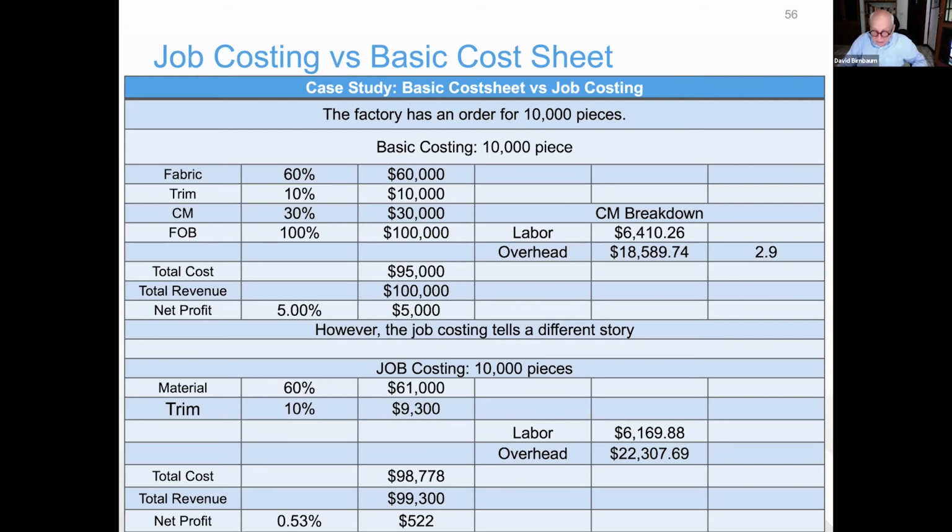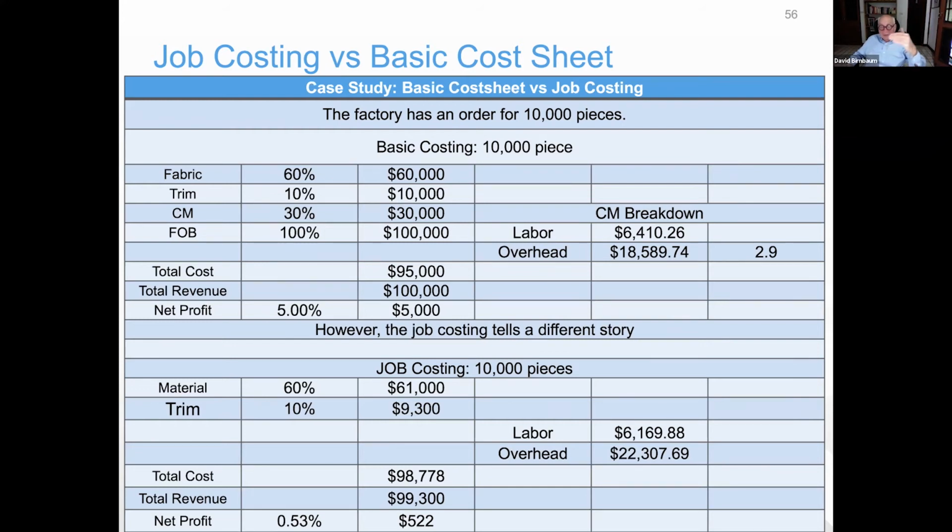This is the key factor. Reality is different. In the end, you got stuck with fabric. There was fabric that you didn't use up, and the value of that fabric went down. It went to nothing, and that means that you have to include the value of that fabric, that inventory, in the cost of the garment. The trim, in this case, you save some money because you have trim in the house.